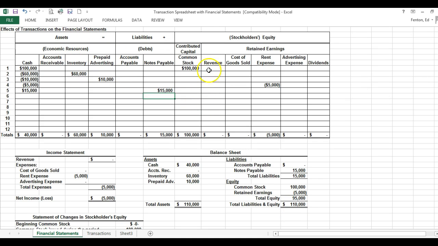You can see at the top of the spreadsheet, assets, this equal sign here, will be equal to liabilities plus stockholders' equity. And each transaction will keep this in balance. And if we enter each transaction correctly, the balance sheet will also balance.